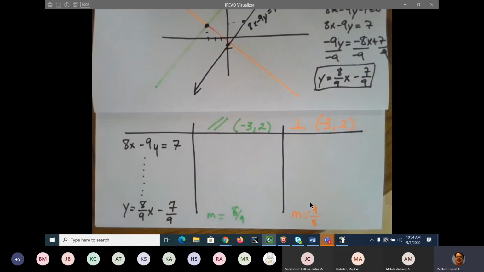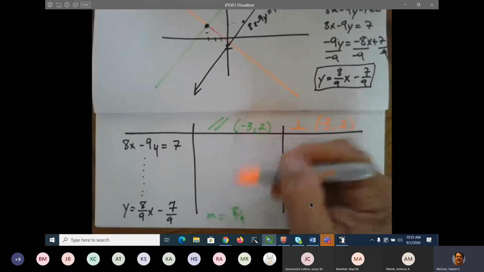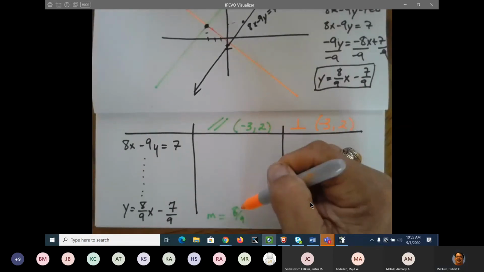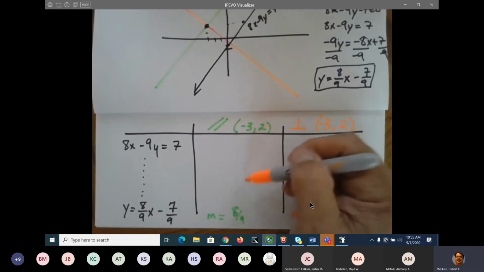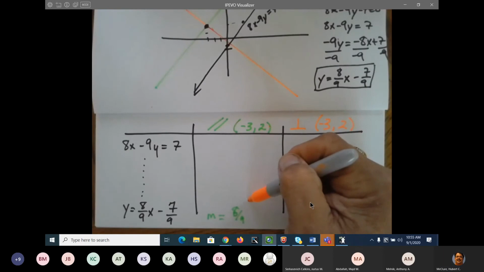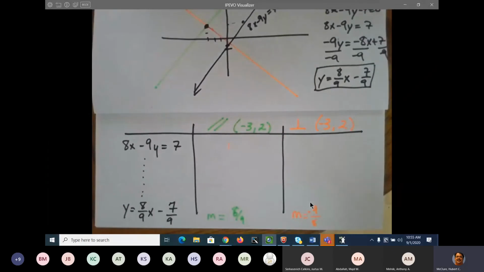So somebody tell me, what do I have here? What is that green thing right there? That's a point and a what? I'm pointing at this now. A point and a what? Slope. So what are we going to use in this area right here? Point slope equation.